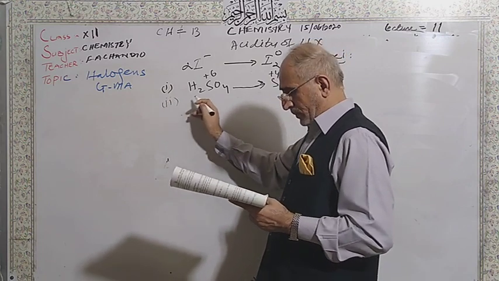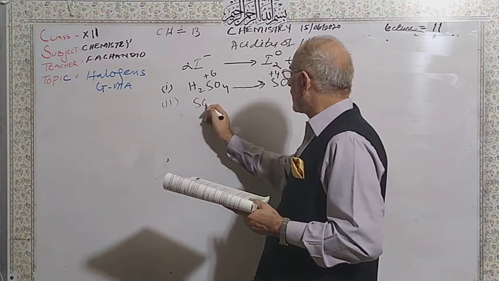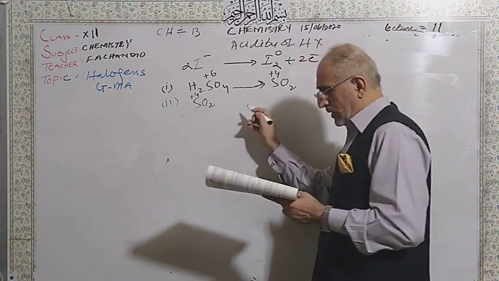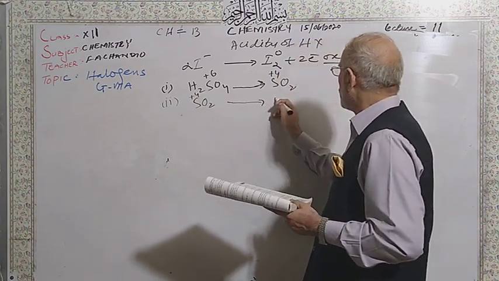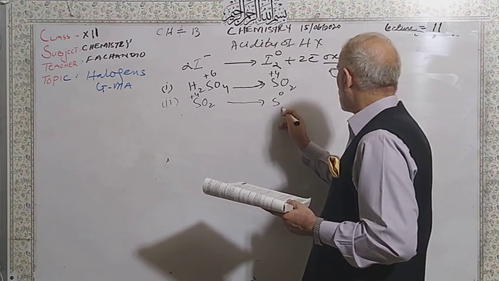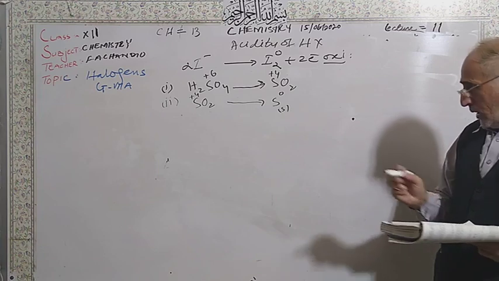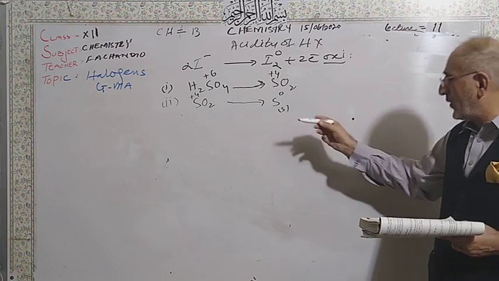Second step, this sulfur dioxide gas changes into sulfur solid. These equations are not given in the book, please write them down. First reduction, second reduction.